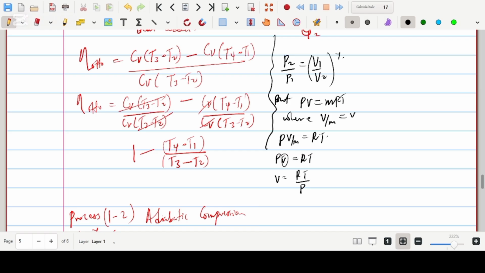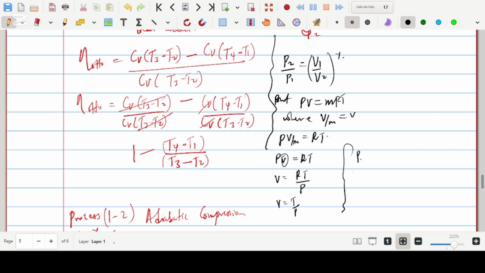Now let us come back to this. Anywhere you see V1, you put RT1 over P1. Now the next thing we are going to do, let us ignore this R because it is a constant, we can remove it. Now let us put it into this equation.